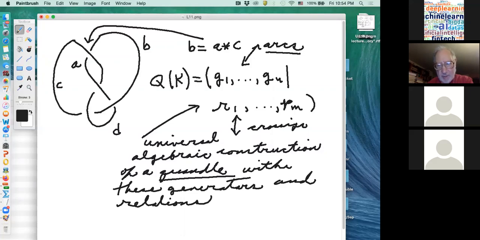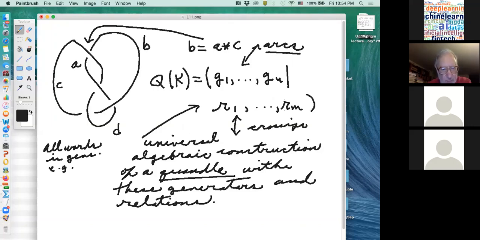Now, it's possible you're not familiar with the universal algebraic construction of an algebraic structure, but it's a simple idea, and you may have seen it before for groups. If you've seen it before for groups, the analogy is exact for any other structure like the quandle. What you do is consider all words in the generators. Now remember, this is a non-associative thing, so you look at all words in the generators.